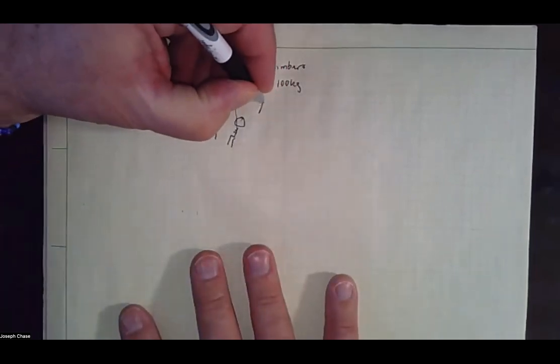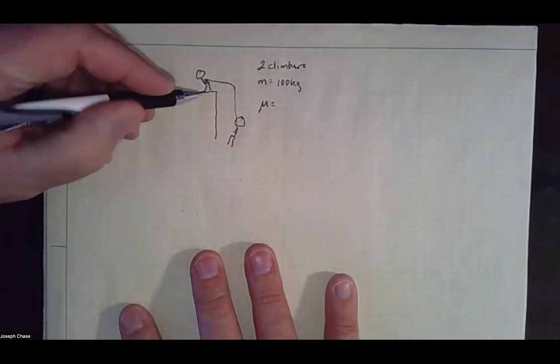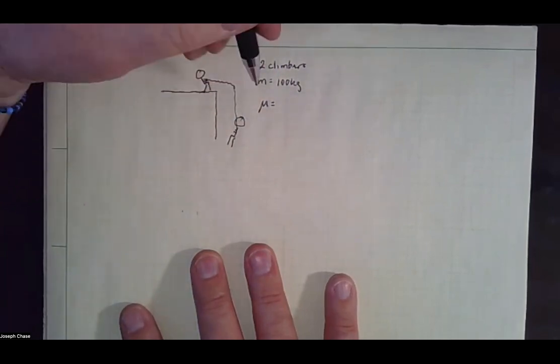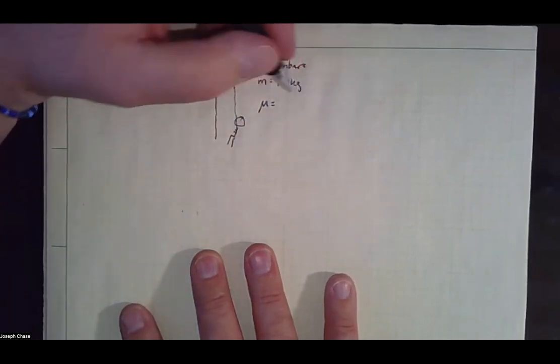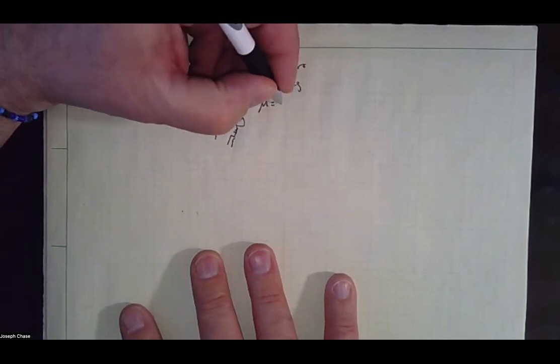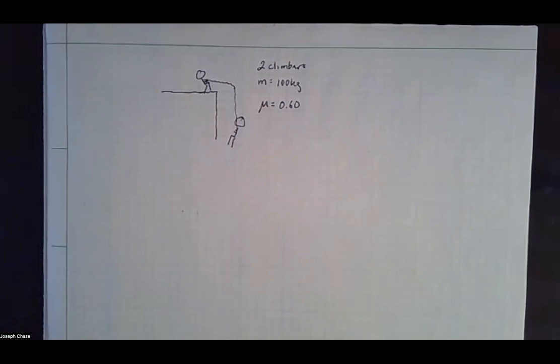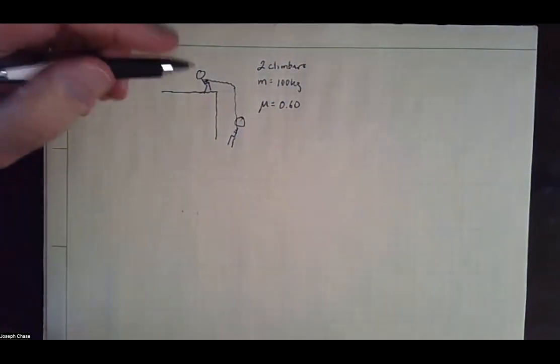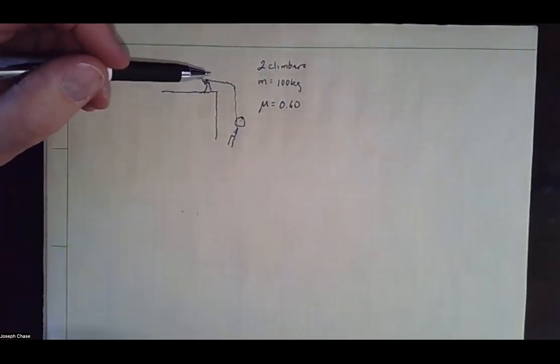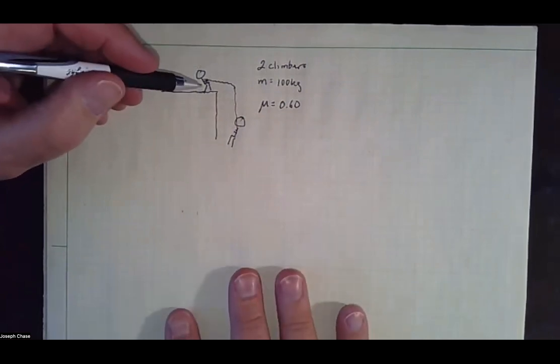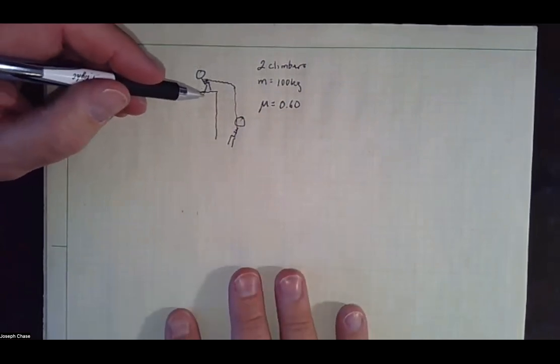Let's pick a coefficient of friction. It is icy, but maybe they have crampons that are digging into the snow. So let's assume that we have a coefficient of friction of 0.6. What a coefficient of friction means is that the force of friction is proportional to their weight.